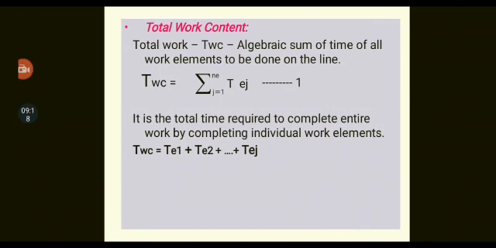It is the total time required to complete the entire work by completing individual work elements. Therefore, TWC is given by TE1 plus TE2 plus and it goes on till TEJ. The final value is given in the problem.